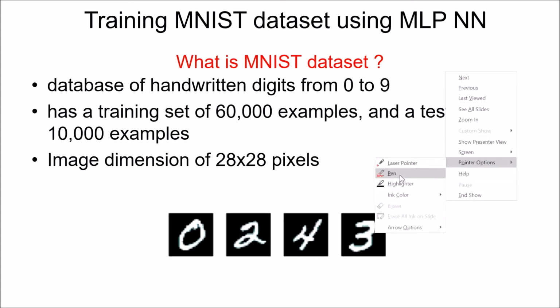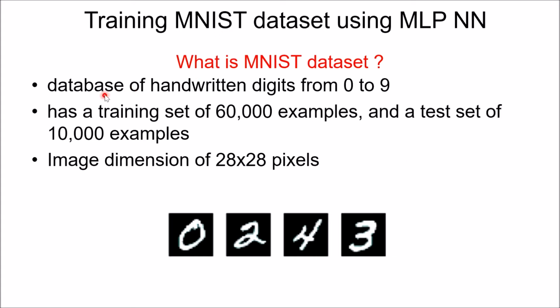MNIST is a database that consists of handwritten digits from 0 to 9. There is a lot of training data: 60,000 for training, and 10,000 for validation or testing.